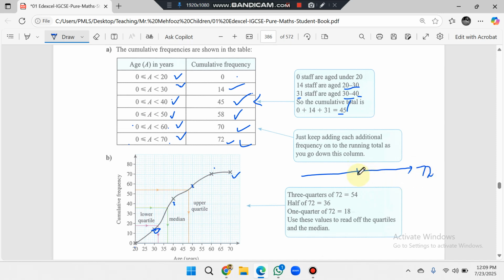The median has the formula n plus 1 over 2 term, right? So n is 72. It means that 72 plus 1 over 2 will give us 36.5. So the 36.5th term is basically your median term.